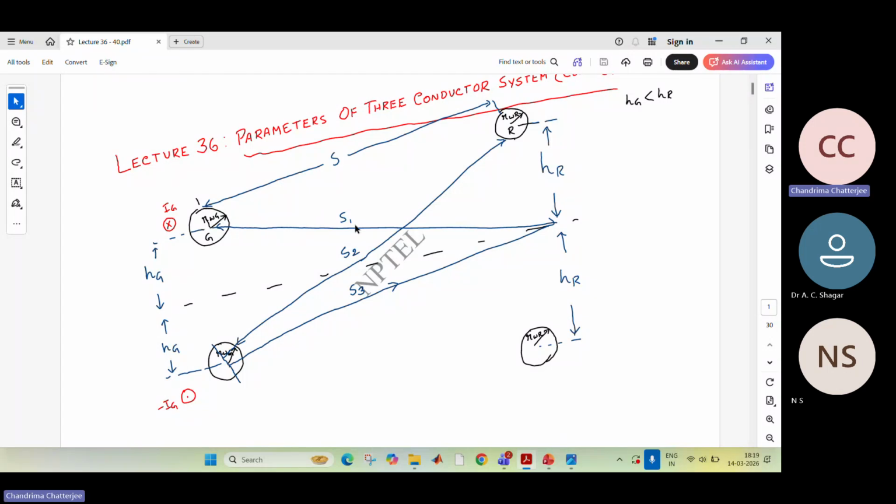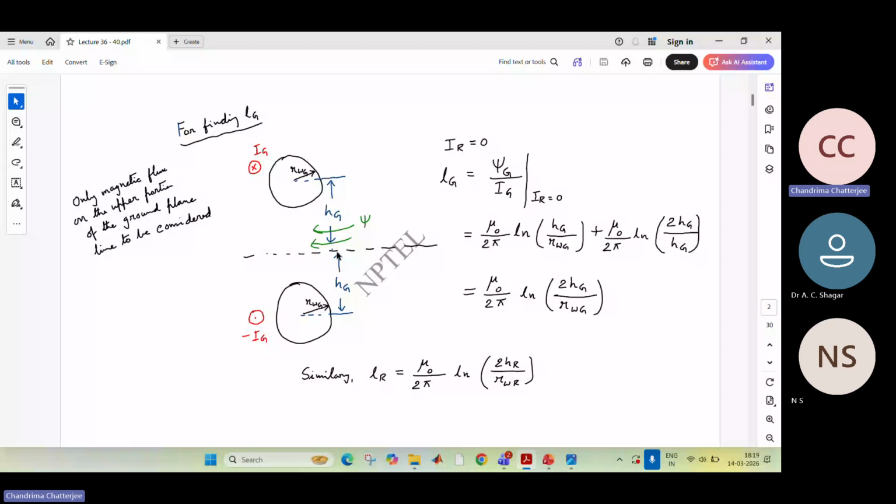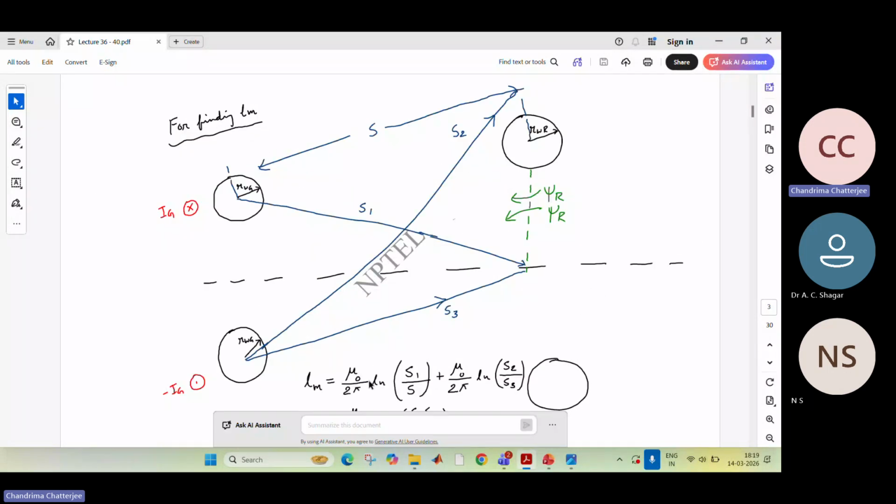What is remaining? The mutual inductance, right? What is the mutual inductance? The mutual inductance is like this. So this is mu naught by 2 pi ln. What is the maximum distance? This is S1. So we need to consider from ground plane to the conductor. So below the ground plane, we will not consider the flux. Why? Because these are imaginary conductors.